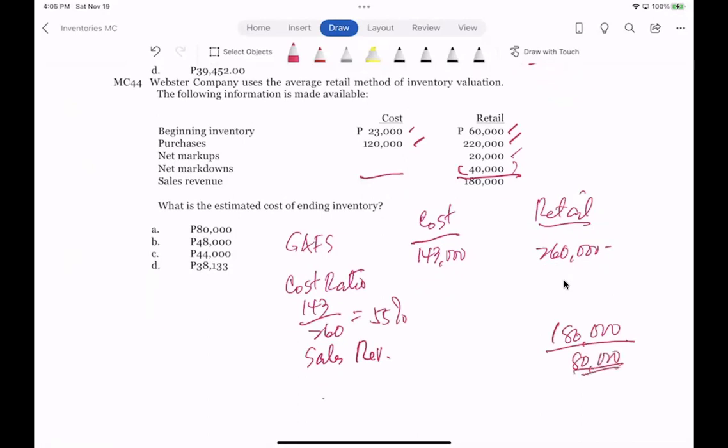This is your ending inventory at retail. And at cost, that is 55% times 80,000, which is 44,000.